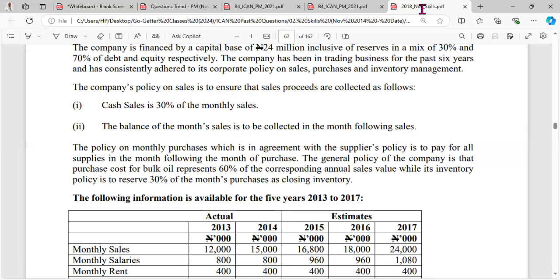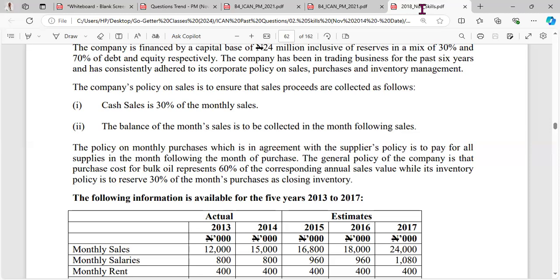Now what it then means is that the balance, which is 70%, is collected the following month. So now let's look at how we are going to do it. What it means is that if you sell in January, you are collecting cash 30% that same January. The remaining 70% is collected in February.